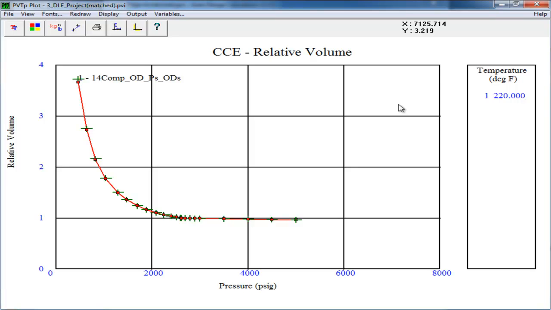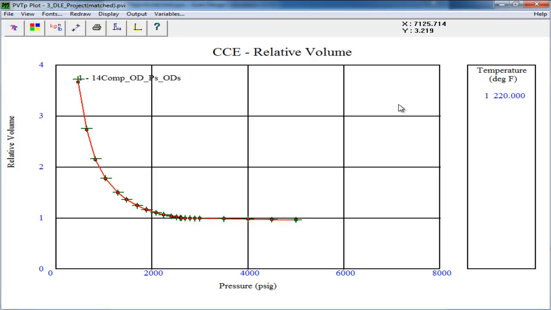We just care about this part. We match relative volume, because we calculate compressibility from relative volume. So how can we match compressibility? We only match relative volume, because compressibility will be calculated from relative volume. And in the lab, we know that compressibility can be measured between 2 points. However, we use equations to describe this compressibility.